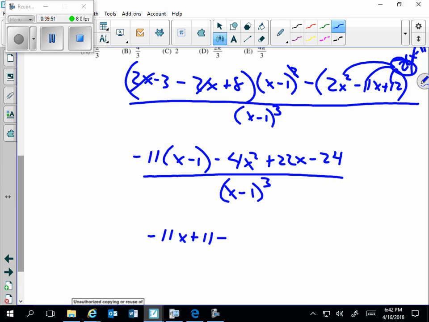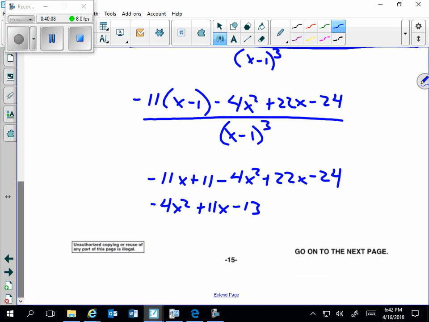All right, so I have that. Combining like terms, I have negative 4x squared plus 11x minus 13. After all that work, I probably made a mistake somewhere and it's not going to come out nice and neat.